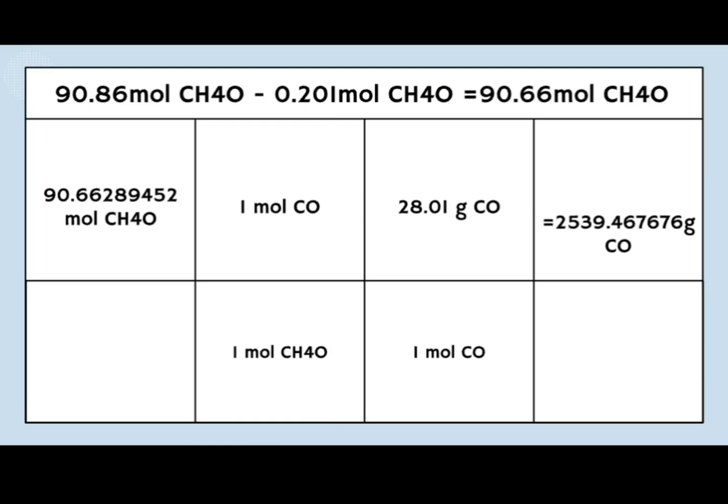Using this number, you will divide by the mole of methanol times the mole of carbon monoxide, divided by the mole of carbon monoxide times the molecular mass of carbon monoxide, to find the excess reactant of carbon monoxide. Once you have completed this conversion, you should get 2,539.467676 grams of carbon monoxide.